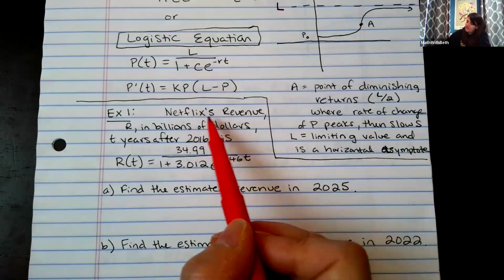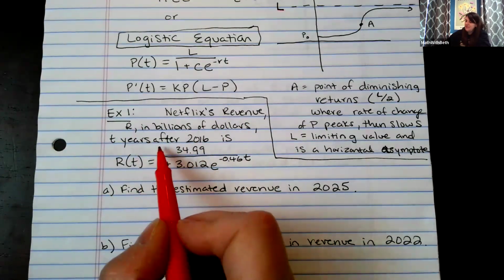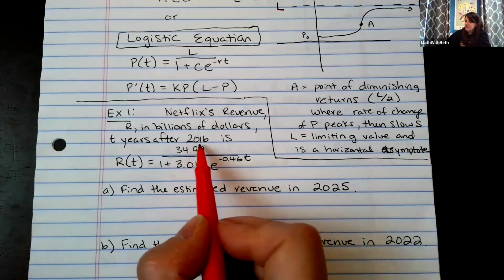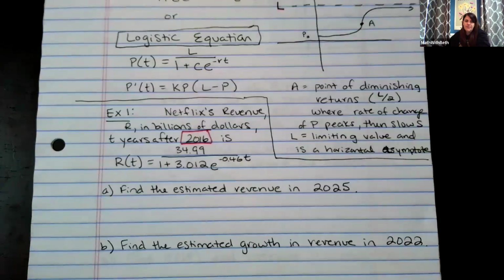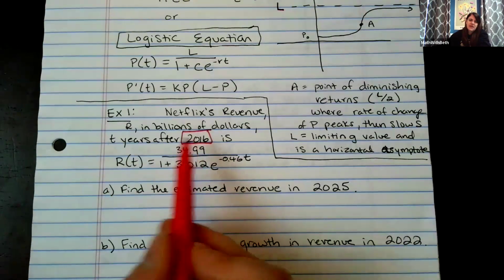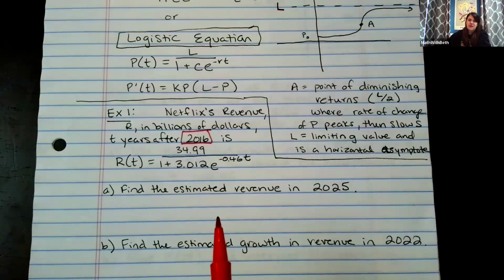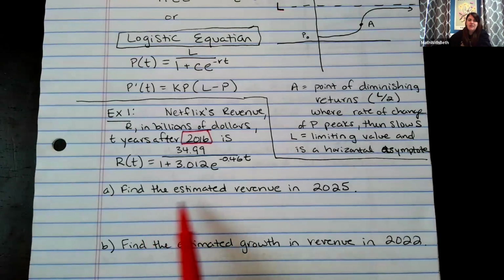If they told us that Netflix revenue is in billions of dollars, t after the year 2016, so that means consider this like year 0. And so whatever year we're going to talk about, we need to figure out how many years it has been since 2016. And this is our equation. Find the estimated revenue in 2025.